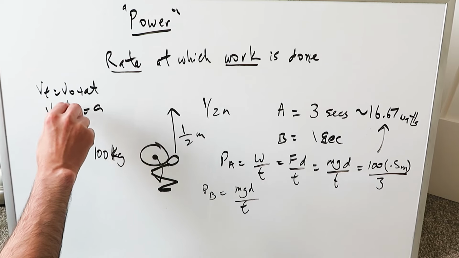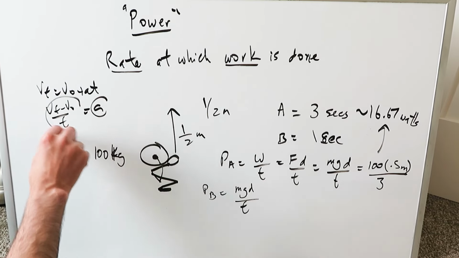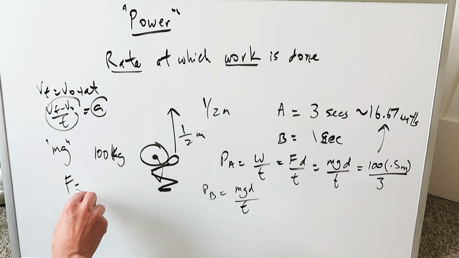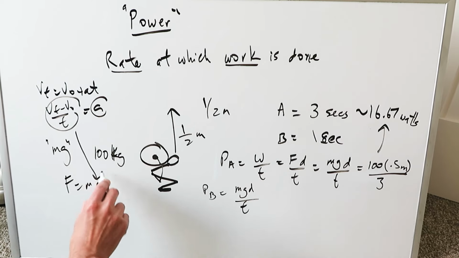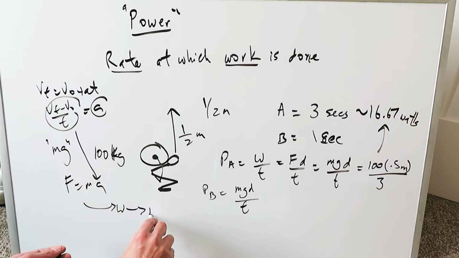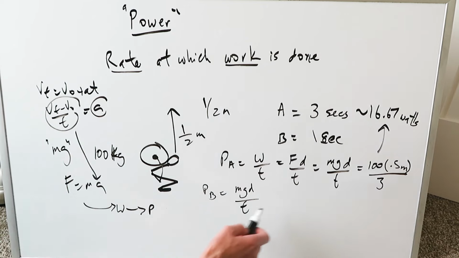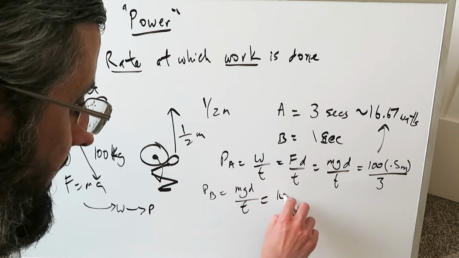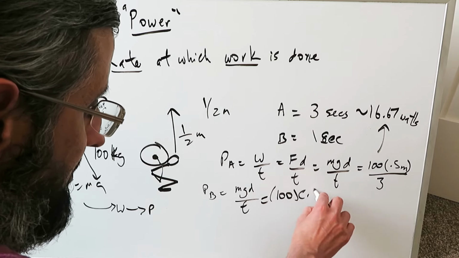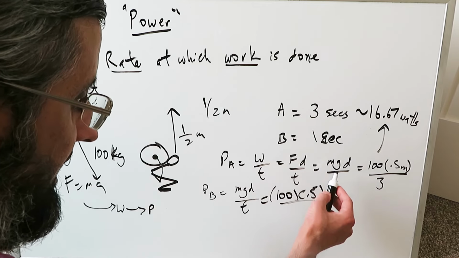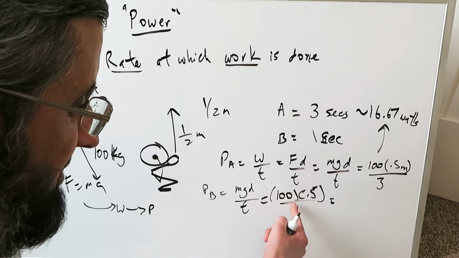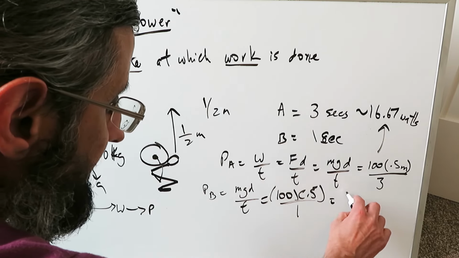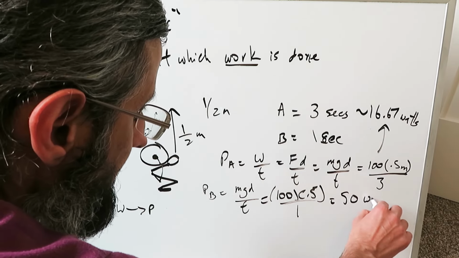You'll have Vf minus Vo over time, and now you can substitute this into your force, then this can go into your work, and then this can go into your power. All of that can happen. Anyhow, I don't want to digress too much. The weight is the same, 100. The distance is the same, 0.5 meters, but now the time is 1. What's this person's power? It's 50 watts. 100 times half, 50 watts.